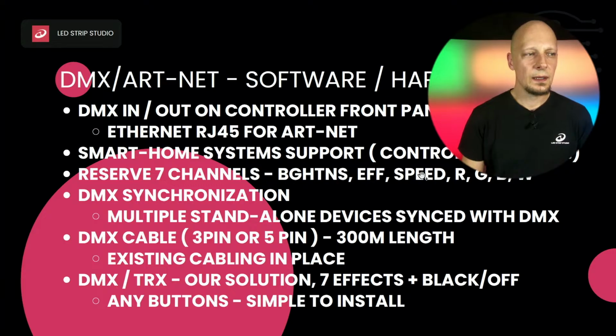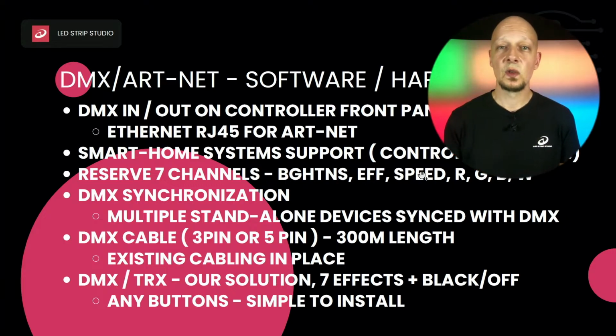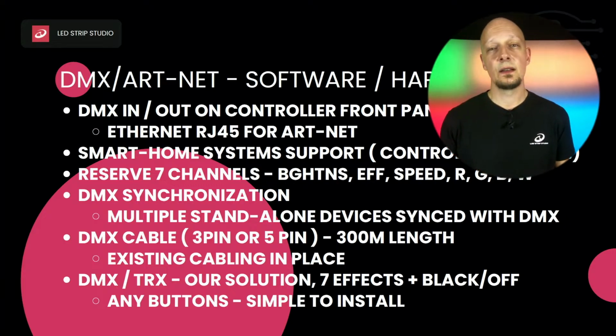A good feature of DMX is that you can use pretty long cables, and if you have some cabling already in place, you can utilize that cabling for control of your devices.